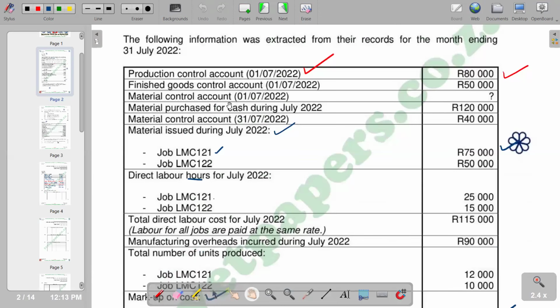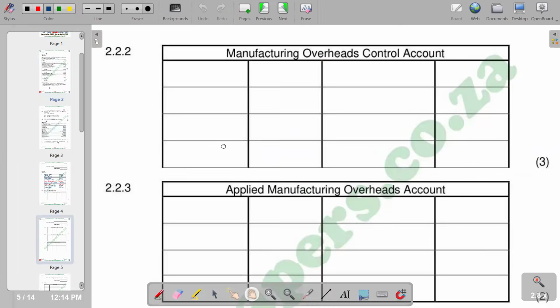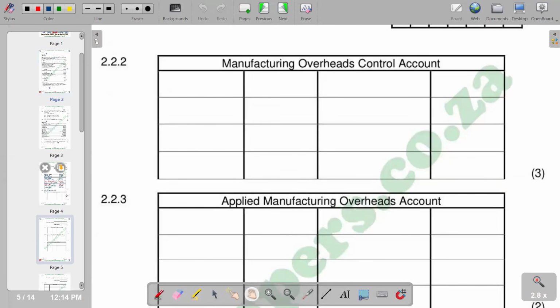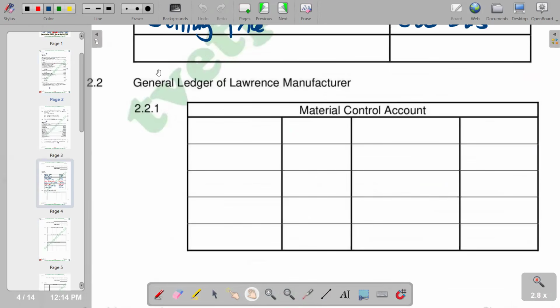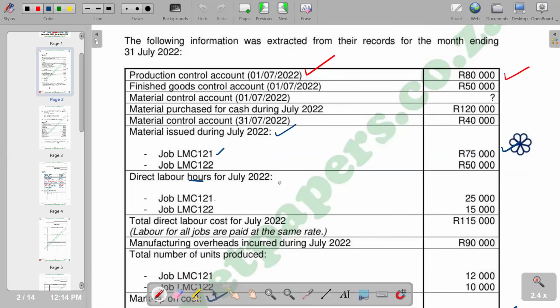So it means that for material control, our balance BD, if you come to material control, we are having our balance BD on the debit side. And it's a question mark, which means we leave it blank, and then we find it as a balancing figure. So we go to the next one.